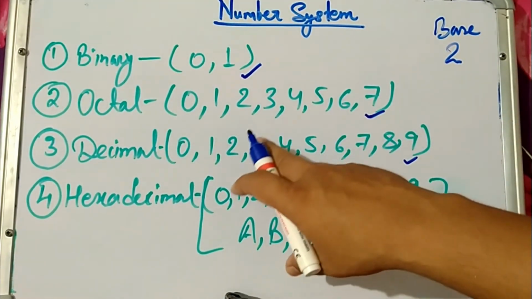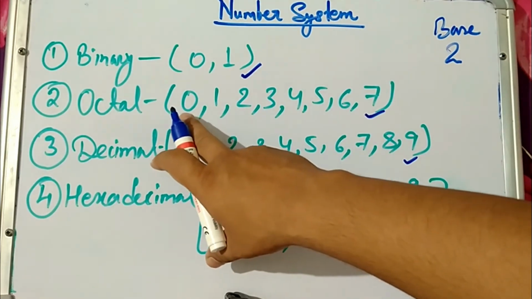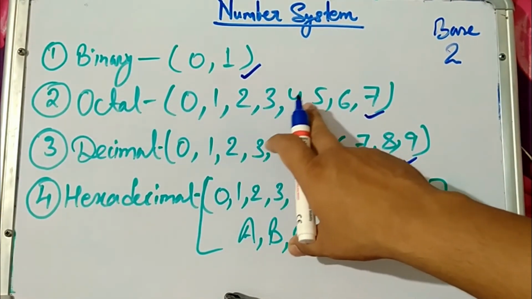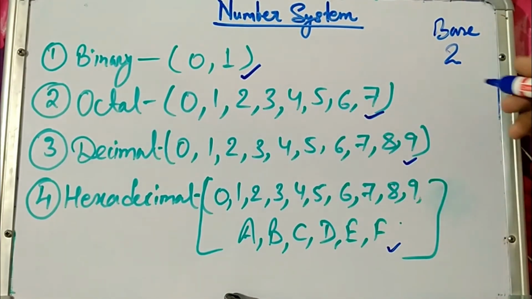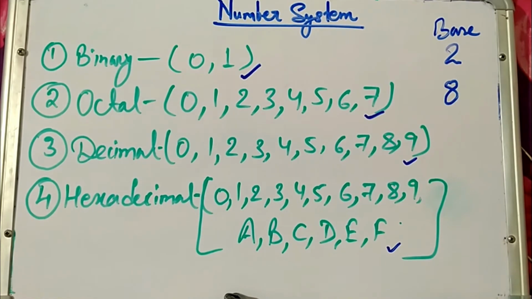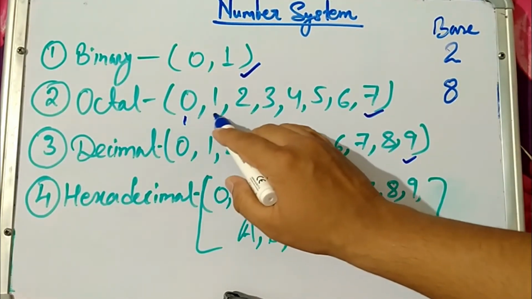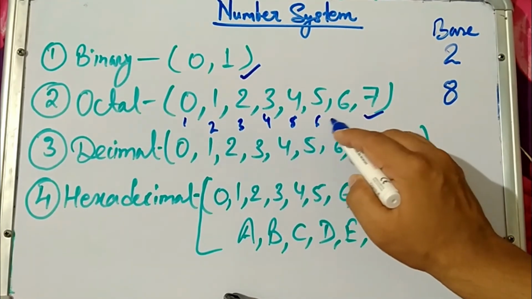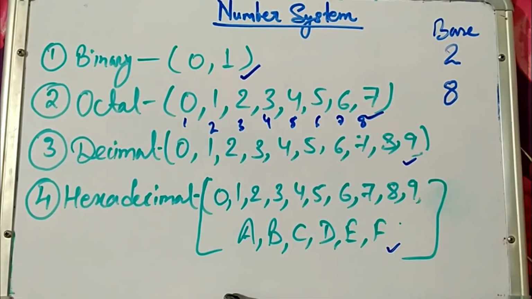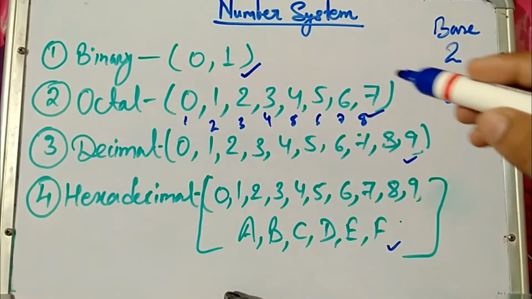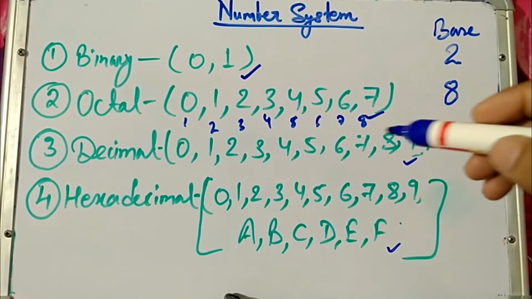Octal, how many numbers are there? Count starting from 1, 2, 3, 4, 5, 6, 7, 8. There are 8 numbers. I am not counting 0, 1, 2, 3 like that; I am counting from 1.